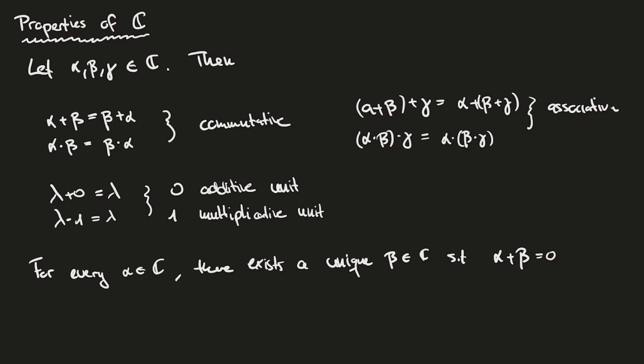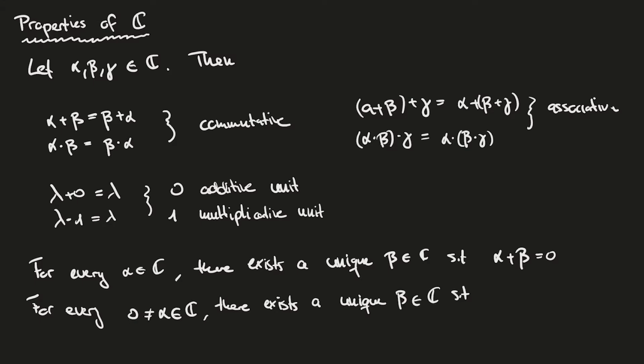And similarly, for every non-zero alpha in C, there exists again a unique beta in C such that alpha times beta is 1.